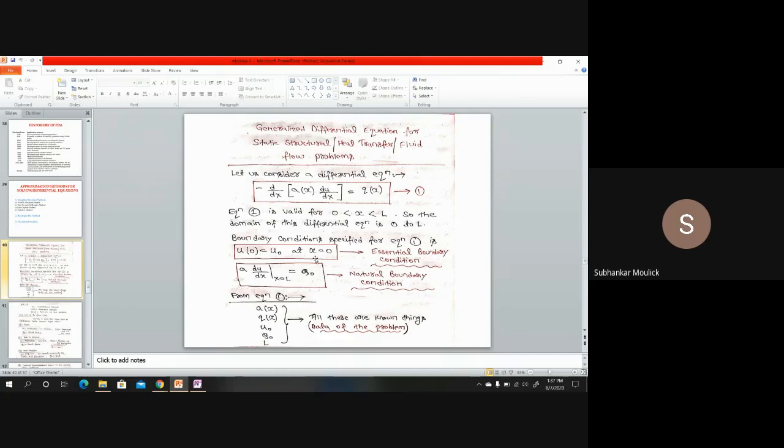Fine. Okay. And what is the natural boundary condition? If I am talking about displacement, this du by dx is what? Slope of the deflection curve.